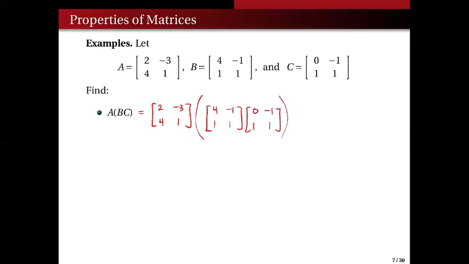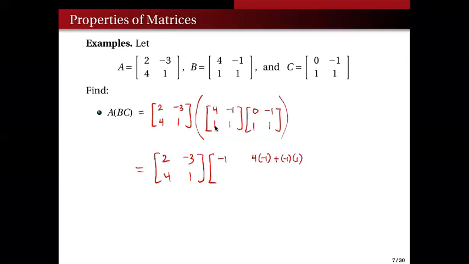So you start with BC. So this guy here is 2, negative 3, 4, 1. And then for the BC, we have 4 times 0 plus negative 1 times 1, that's negative 1. And then here you have 4 times negative 1 plus negative 1 times 1.